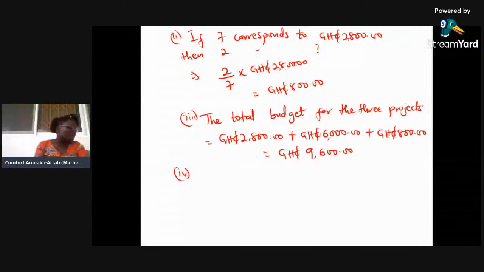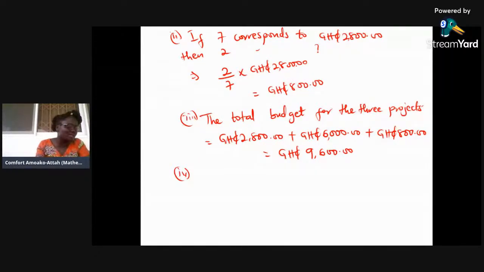Okay, then Ivy states that the cost of maintaining libraries is 90 cedis. And this is met from the expenditure on the schools. What percentage of the expenditure on schools is spent on maintaining libraries?